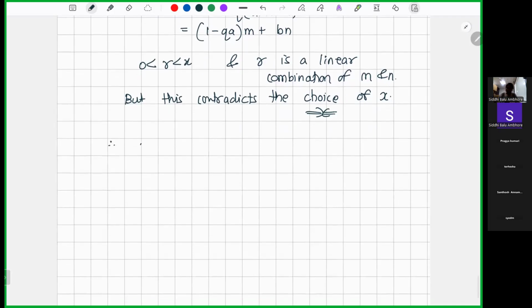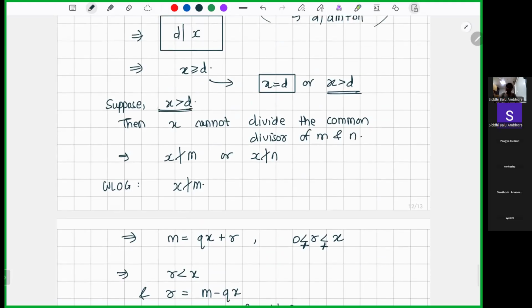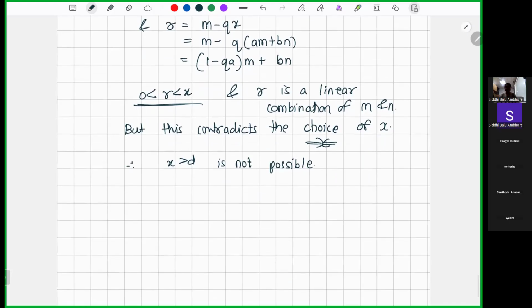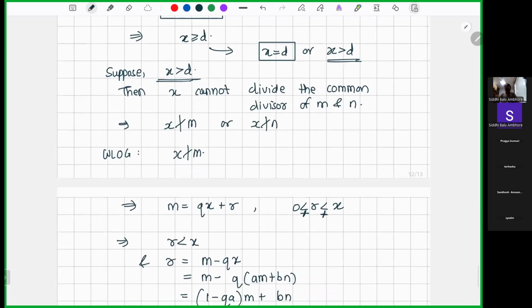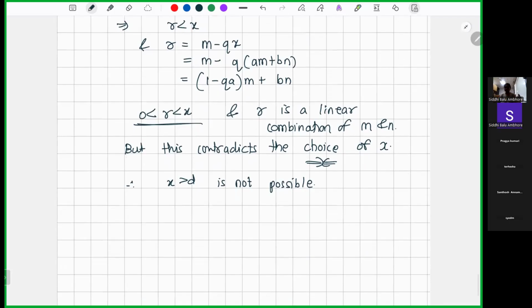And therefore x greater than d is not possible. This is what we started. So this is what our first assumption was, which arrived at a statement which does not make sense, which is not true in our setup, as x was the least positive linear combination of m and n both. So this is not possible.